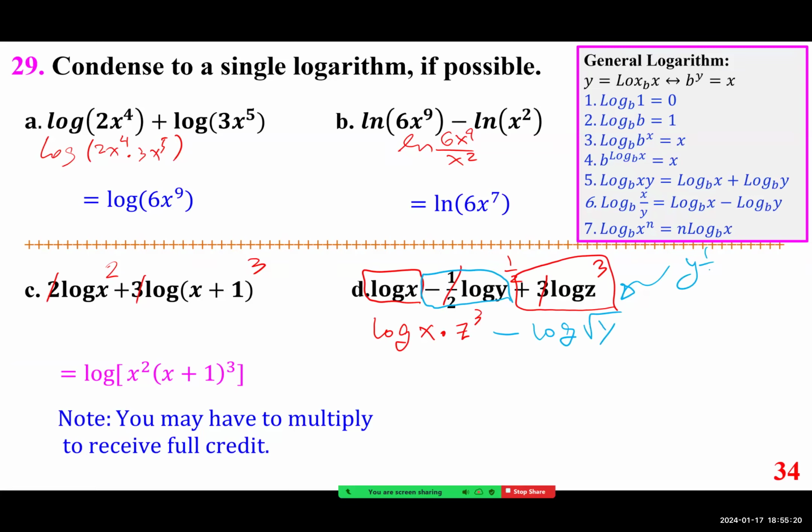Y to the power of 1/2 or square root of y. And that uses the quotient rule. So log of this over the square root of y. That's your final answer. So you should be able to go back and forth. It's really not that big of a deal.